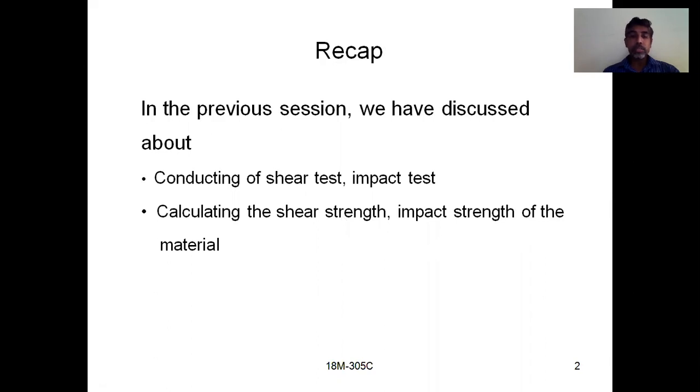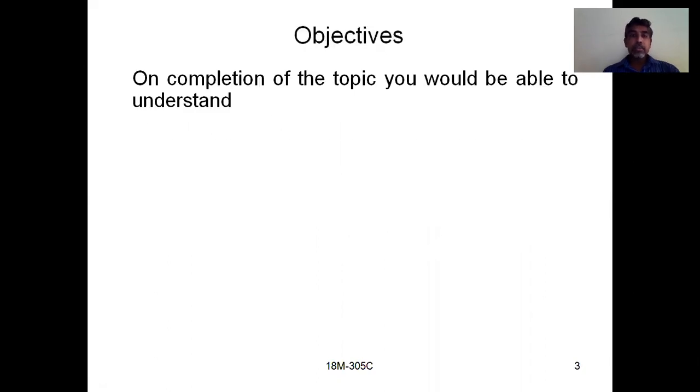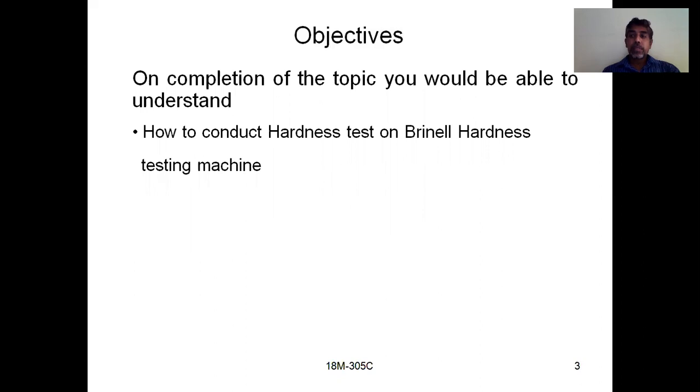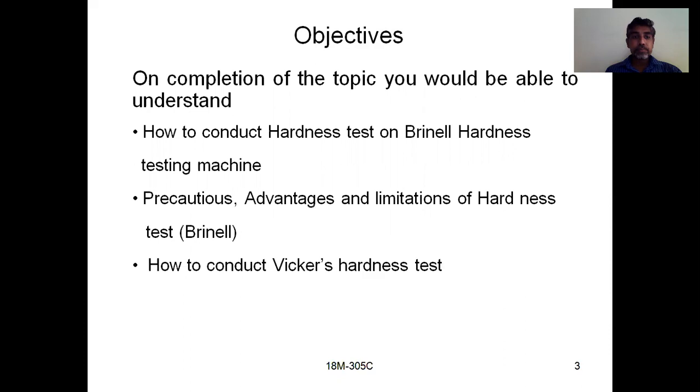So what we are going to discuss today is how to find out the hardness of a material by using different testing procedures. See here, how to find the hardness of a material by using the Brinell hardness testing machine, what the advantages and limitations of Brinell hardness testing are, and later what precautions we have to take.